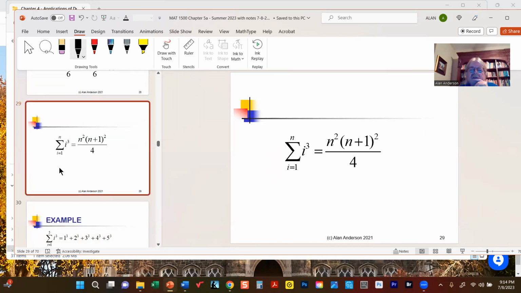Now, the sum of i cubed is even more messy, as you can guess. So again, we'll look at the first 5 numbers.